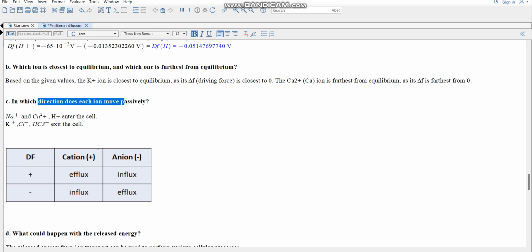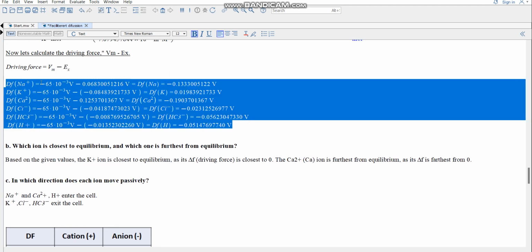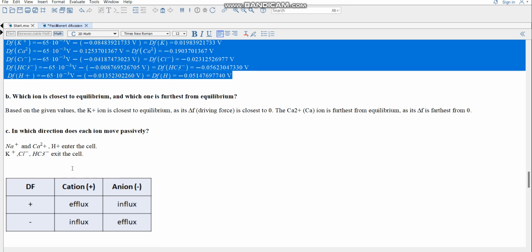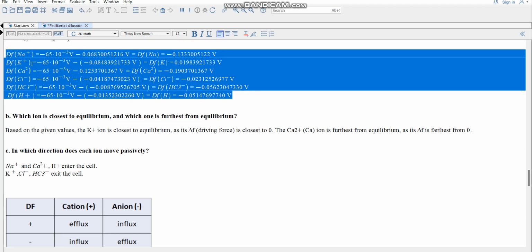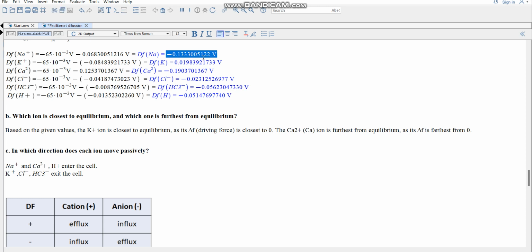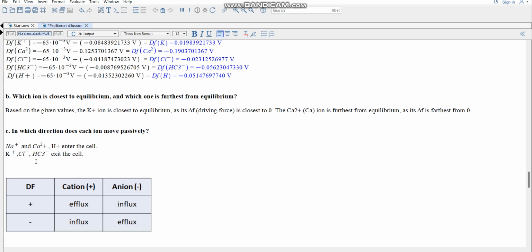Here, I want you to remember that it actually has to do with whether it's a cation or an anion. You cannot simply look at driving forces and make a decision like that. It's not that easy. You can utilize this table. So for example, sodium here is a cation, and also the driving force is negative, so it's influx. So sodium enters the cell.